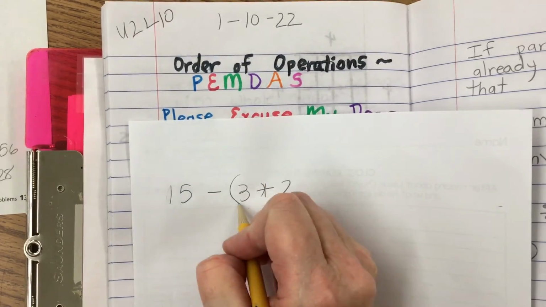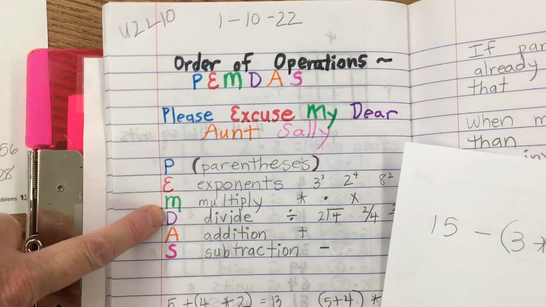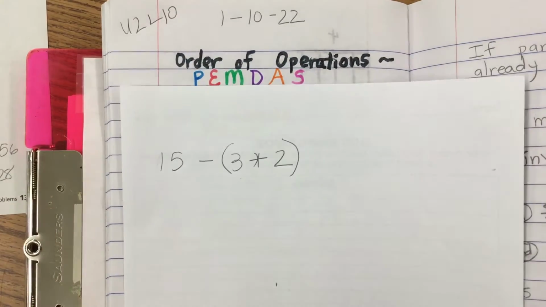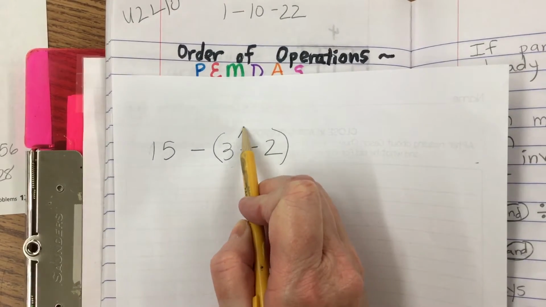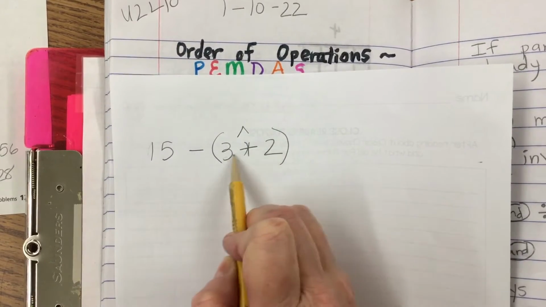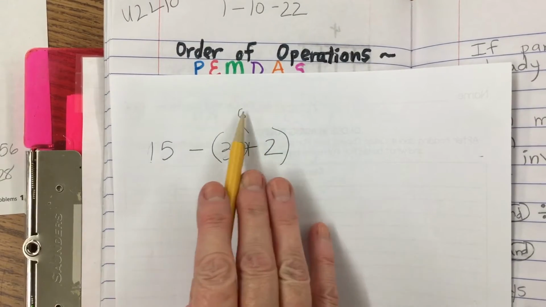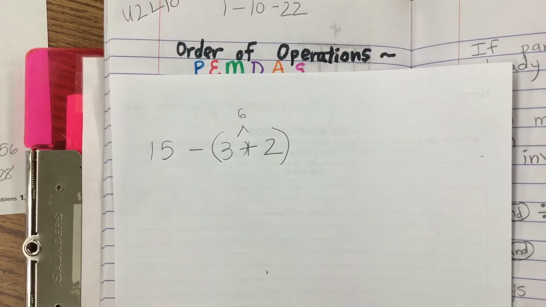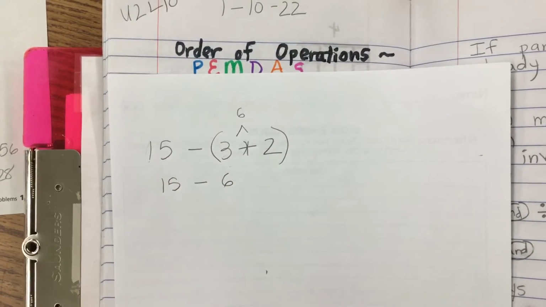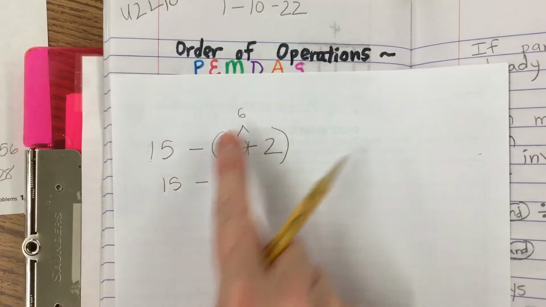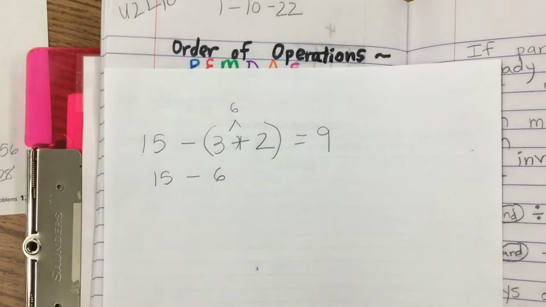I need to group the 3 and the 2 because you always group the multiplication or division before the addition and subtraction. What I've taught the kids is that you use a little caret to put in your amount here. So that's a 6. Now we have 15 minus 6, and some of the kids do like to rewrite the entire problem like that, and that's fine, but they don't have to. 15 take away 6 is 9. So then we've solved our problem.